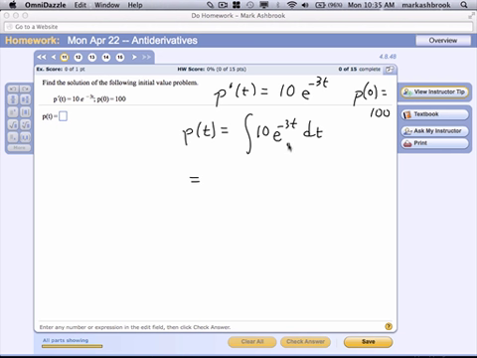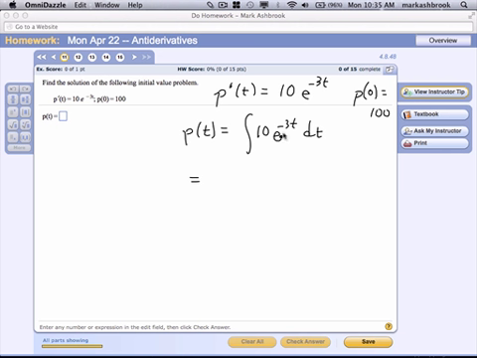Stanley. We know you've got e to the something in the derivative, so the original function must have also had e to that same something. So what I heard you say is that this is the derivative of some function that we're trying to find. Is that right? Okay.